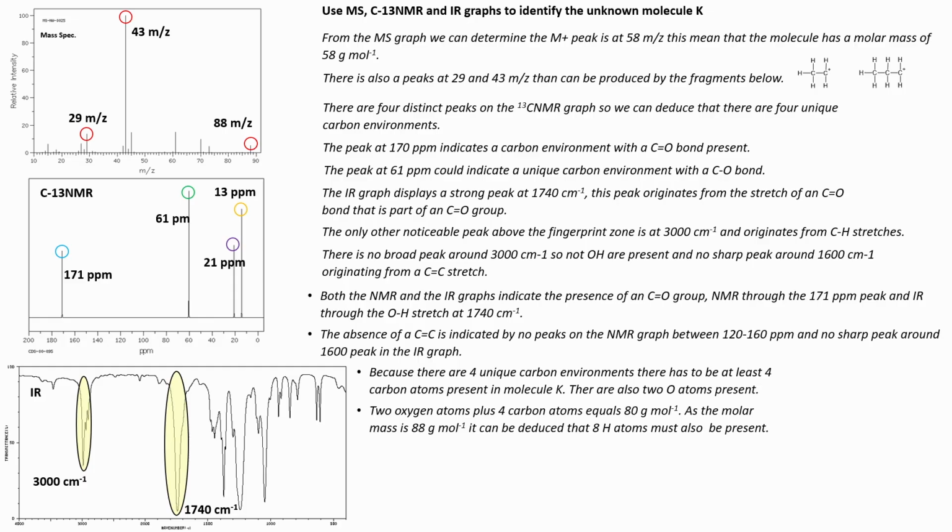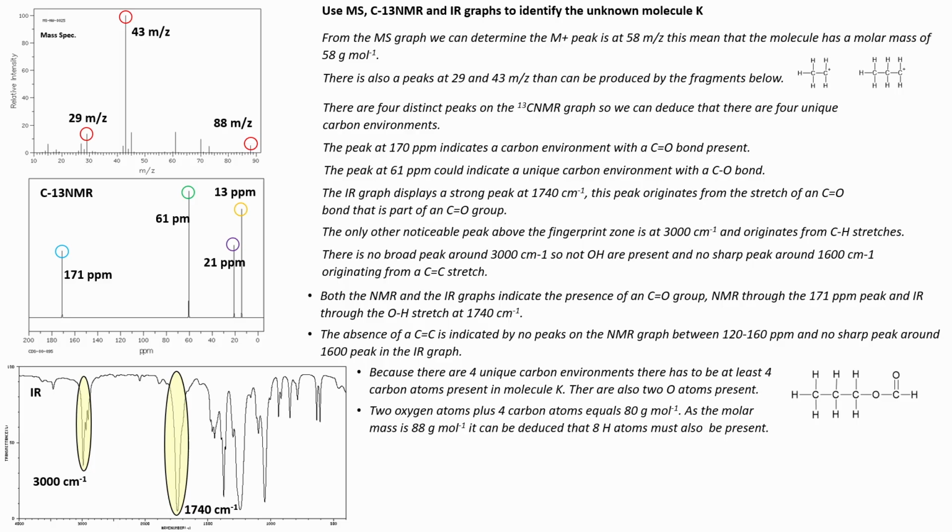Since the actual measured molar mass is 88, there are 8 other hydrogen atoms on this molecule to give a combined total of 88 grams per mole as our molar mass. Now, if I take that together, I will draw this molecule.